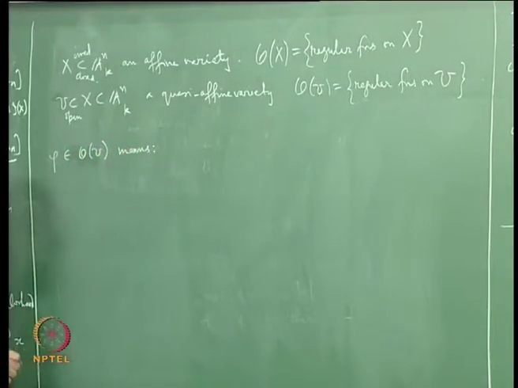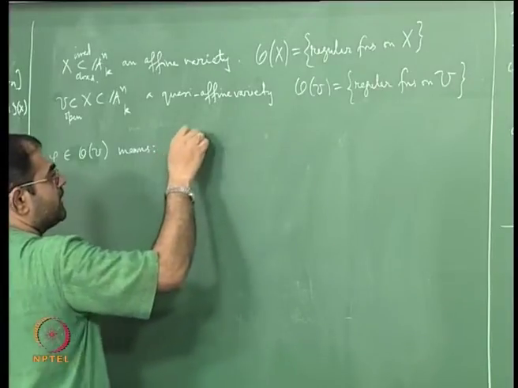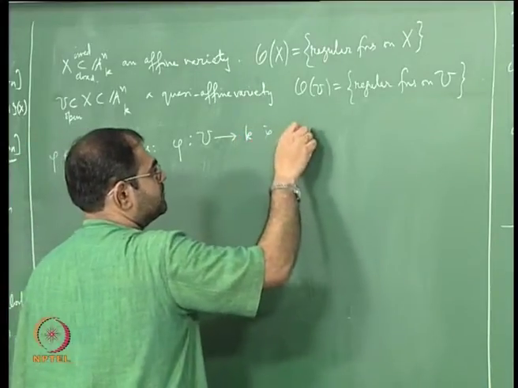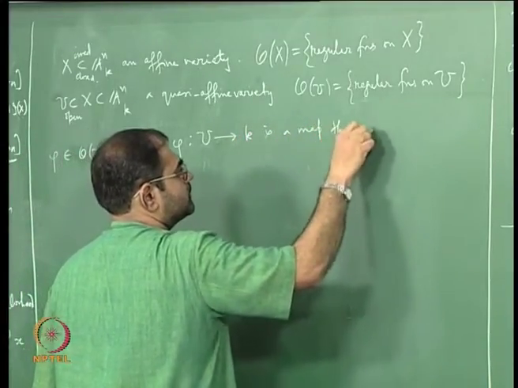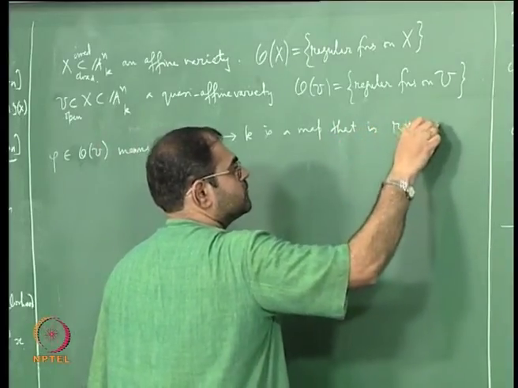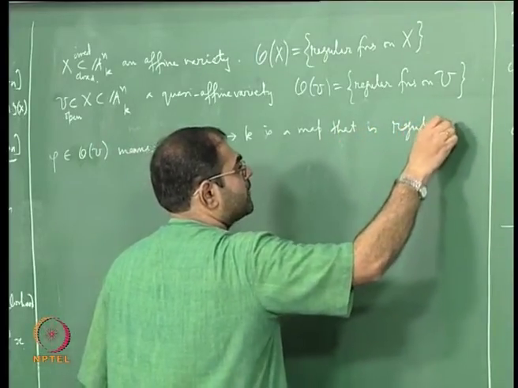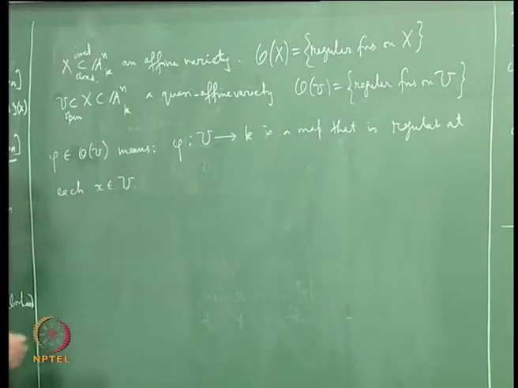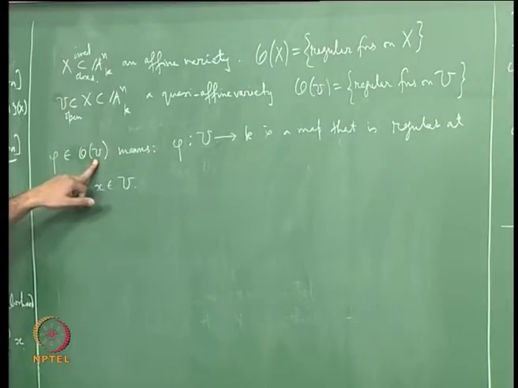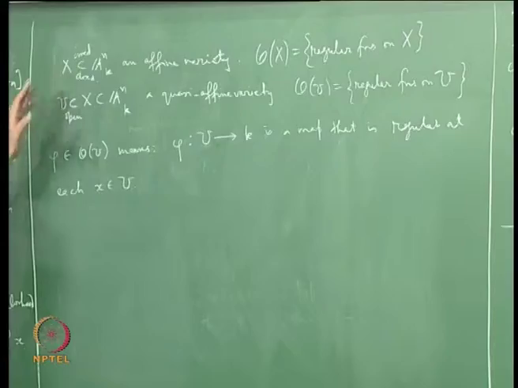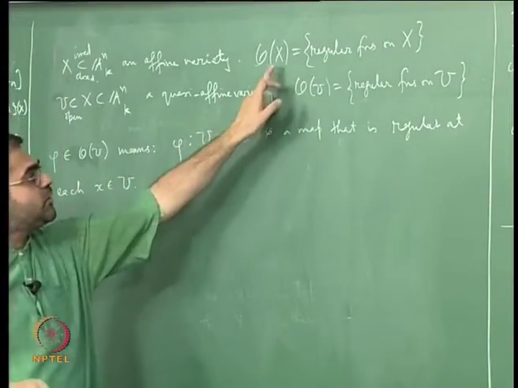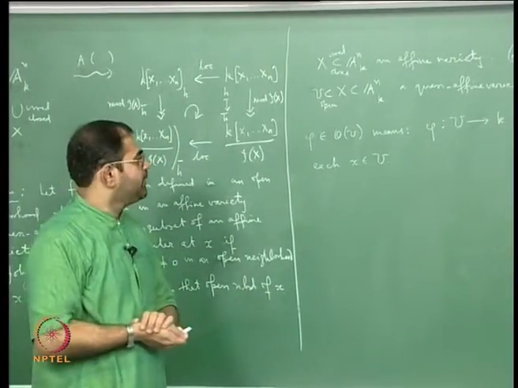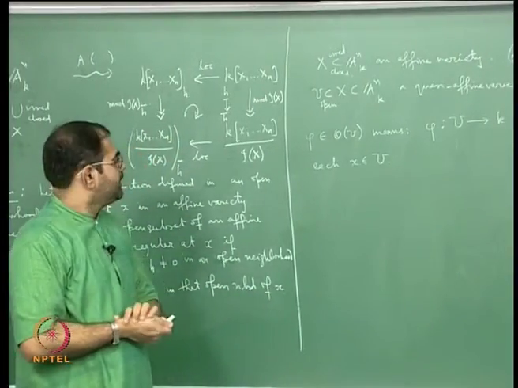Means phi is a map from U to K that is regular at each small x in U. Of course I am writing this for U, but the same thing will also work for X, where X is an affine variety, but I am taking a quasi affine variety.